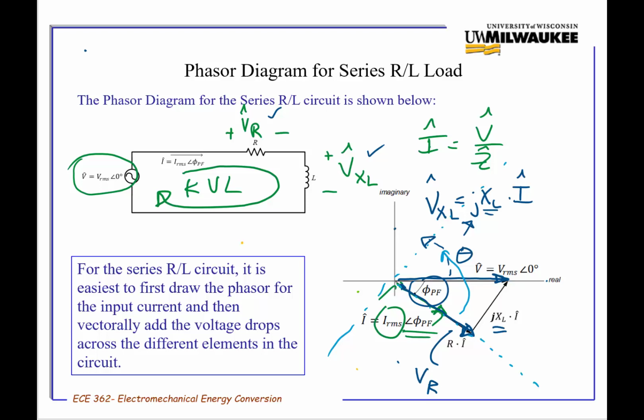So here's the I axis, and this axis here is the jI axis. Then if we think of it that way, we can look at this term here and say that really what we're doing is just saying XL times jI.